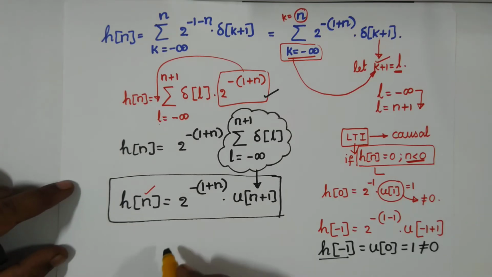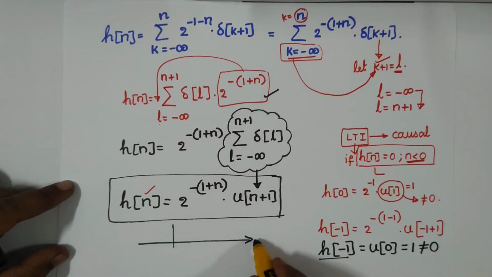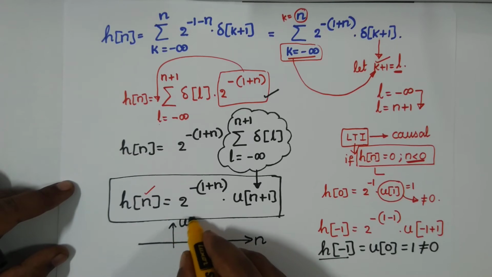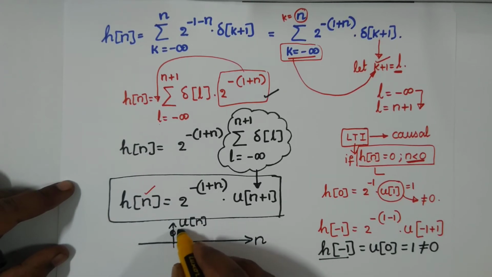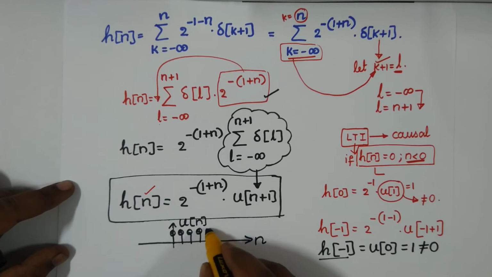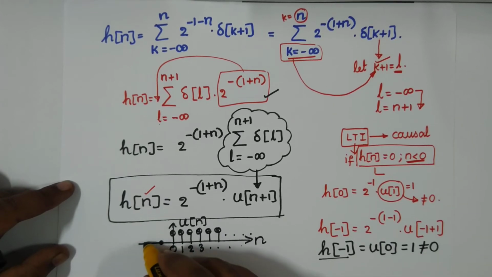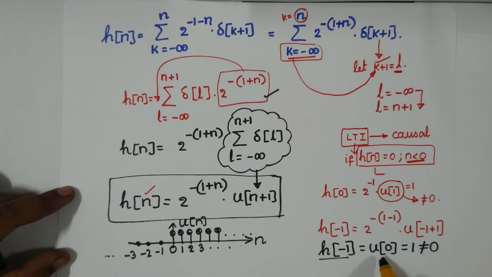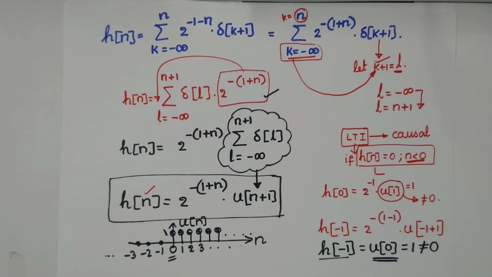That's fine. Take your step function in the discrete domain, my u of n. I have my step function starting from 0, 1, 2, 3, and so on, and for negative n, negative 1, negative 2, negative 3, and so on, u of n is equal to 0. This is my u of 0 component, and u of 0 is equal to 1, which is not equal to 0.